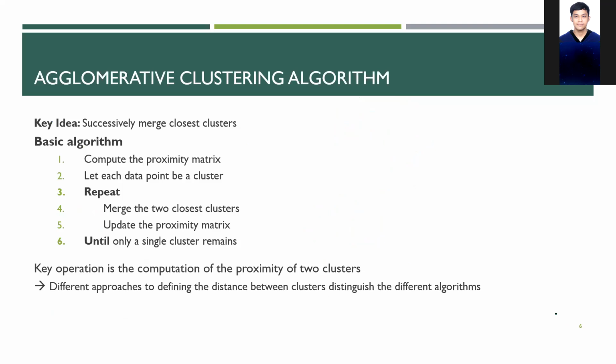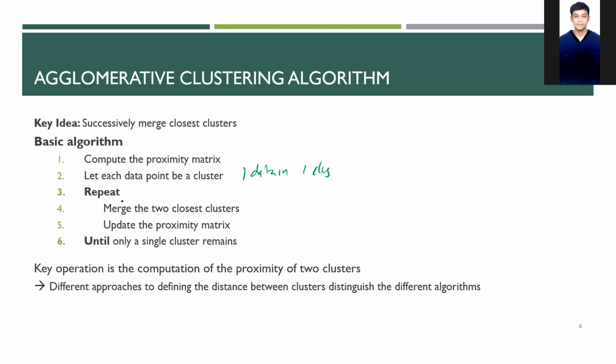Okay, we start with the agglomerative clustering algorithm. The idea is to successively merge the closest clusters. So we will have a proximity matrix to calculate the distance from each data point to the other data points, and then let each data point be a cluster, because we start from one data point in one cluster.